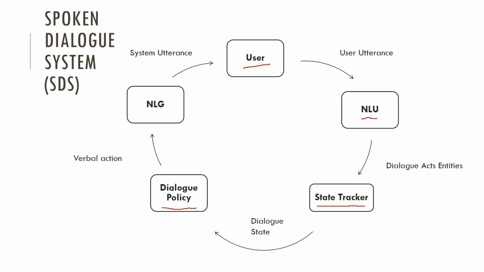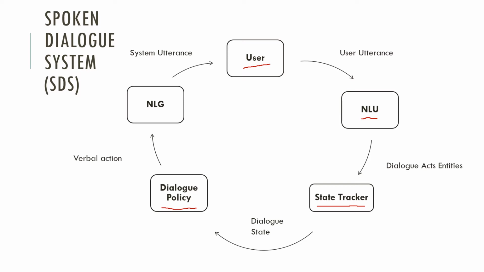So, for example, if the system needs more information, the verbal action could be a clarification. If the system wants to suggest something to the user, the next verbal action could be a recommendation. So at this point, a verbal action is not yet in the form of natural language, but more in the form of what the system is hoping to accomplish.